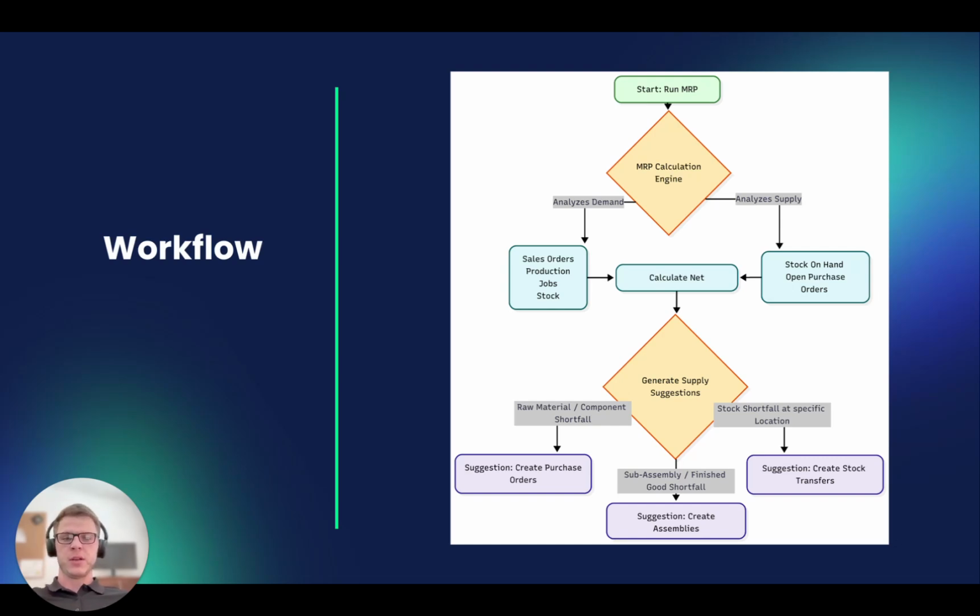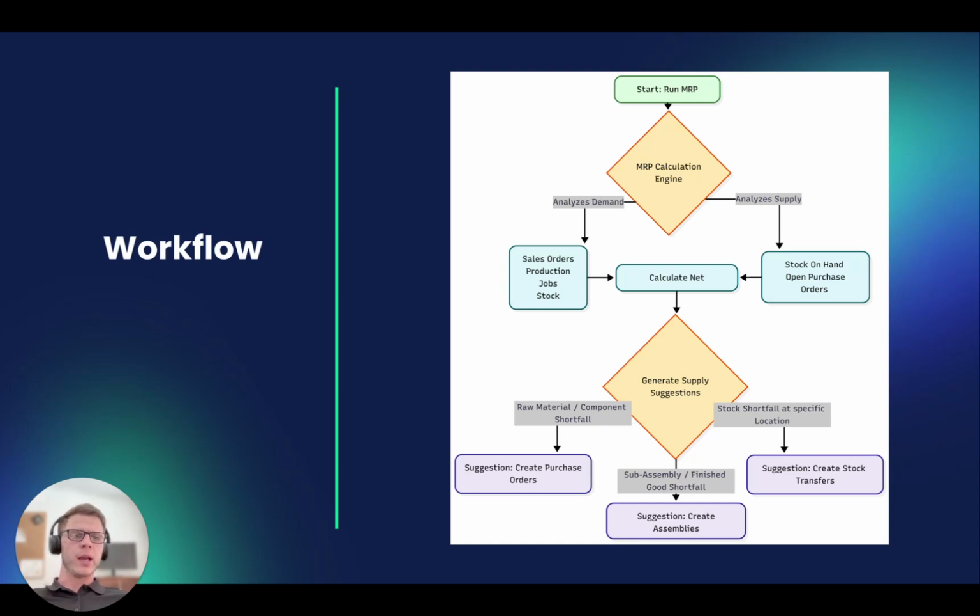Whereas on the other end, if we don't have enough stock in the future to fulfill all of the sales orders or production assemblies or transfers, or even our estimated future demand, then it's going to say, okay, hang on, we need to make some orders here. Either it's going to be a purchase order from our suppliers, or an assembly that we need to do on our production floor or in our warehouse.